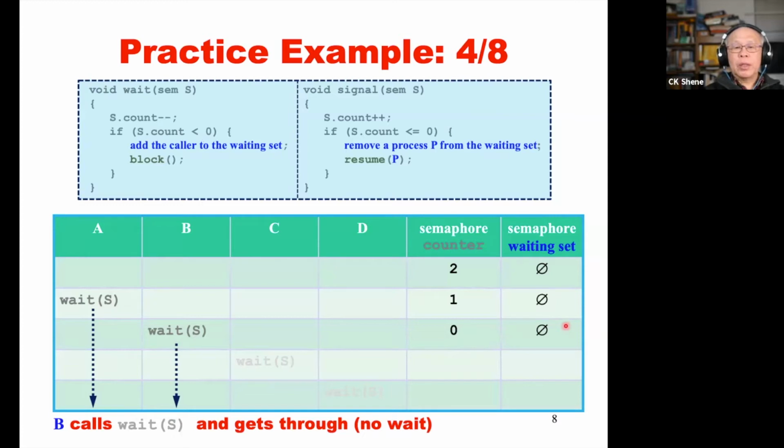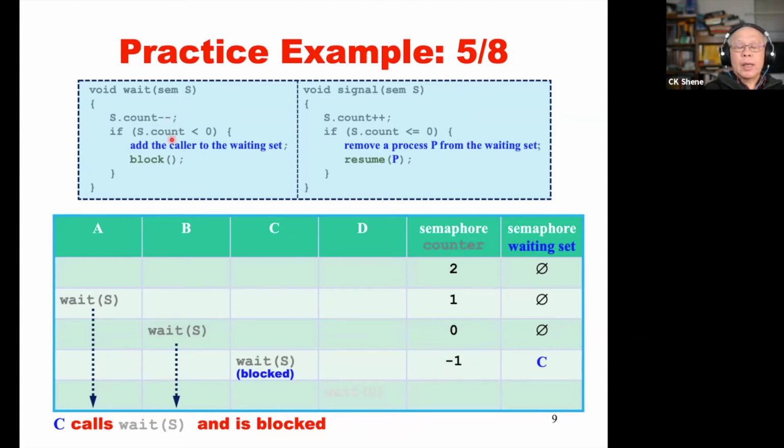As we can see, every time a thread calls wait, if the current value of the counter is greater than 0, 1 is subtracted from the counter, and the calling thread simply continues. Now we have the new counter value 0, and the waiting set is still empty. Next, thread C calls wait. Because the current value of the counter is 0, after subtracting 1 from it, the new value becomes -1.